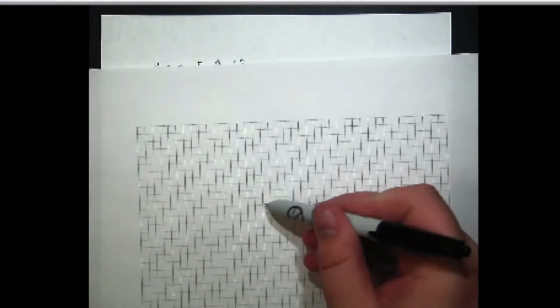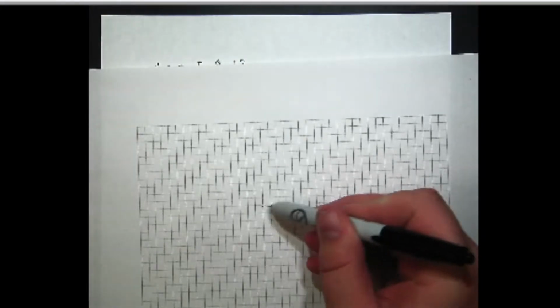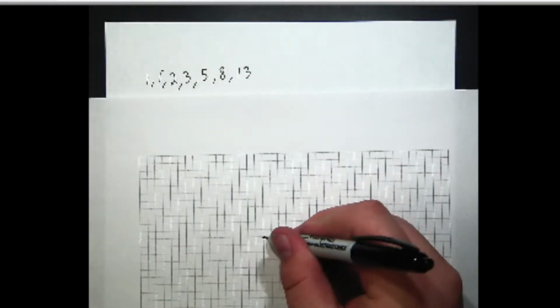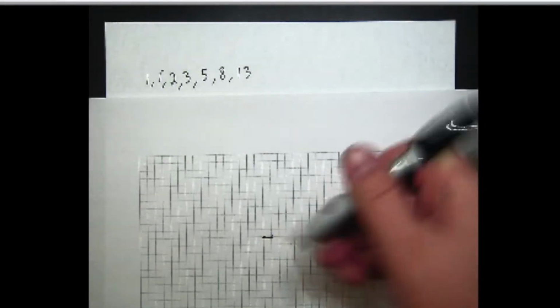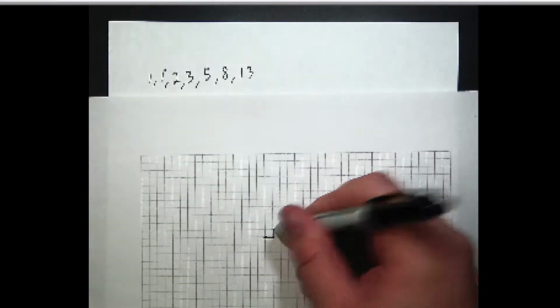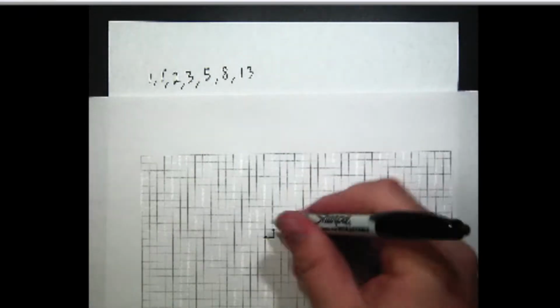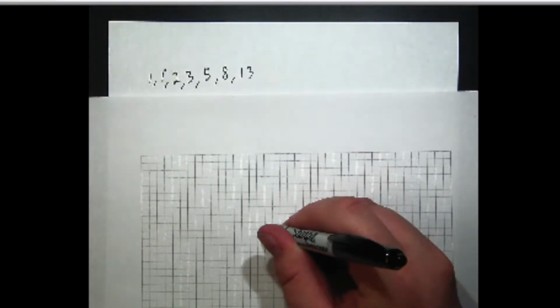But what I'm going to do is use these Fibonacci numbers and say that one of these little grid squares is a single number. So like 1, there's 1 right there. Okay? And for each new number, I'm going to turn 90 degrees. So the next number in the sequence is 1. So there's another 1. Next number is 2. So I'm going to go 1, 2.